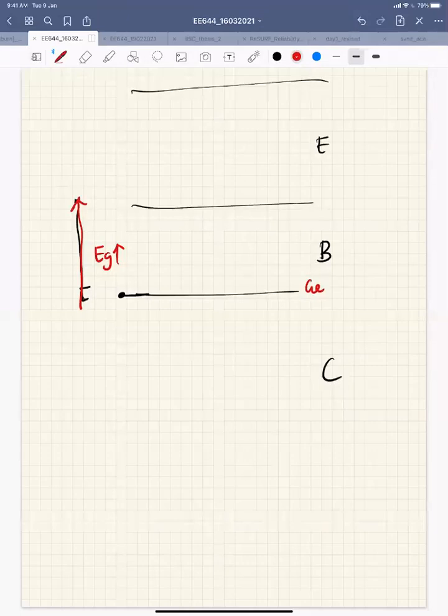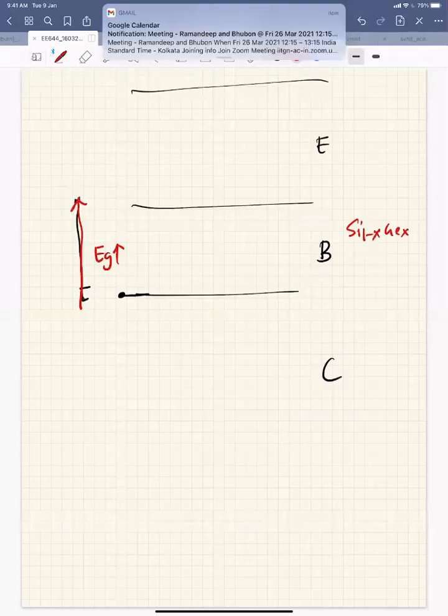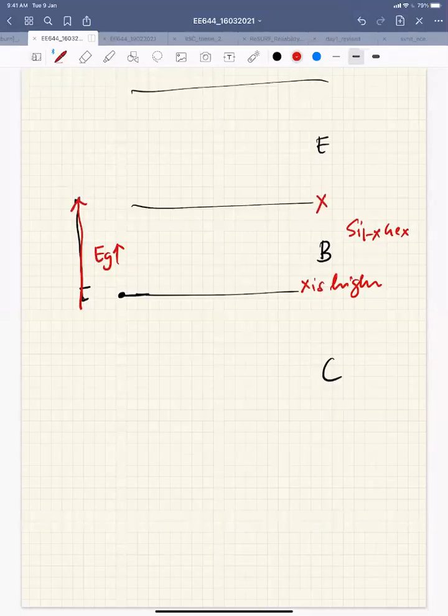In Si 1-x Ge x, my x is higher here, that means my band gap is lower here, and x is lower there. I have a graded concentration when I'm depositing, which means my band gap is increasing from collector base junction to emitter base junction.